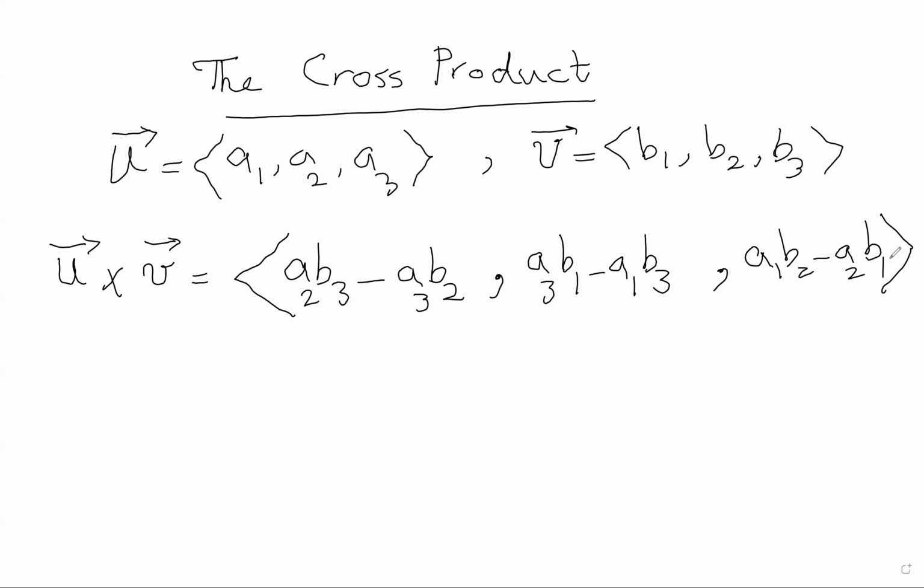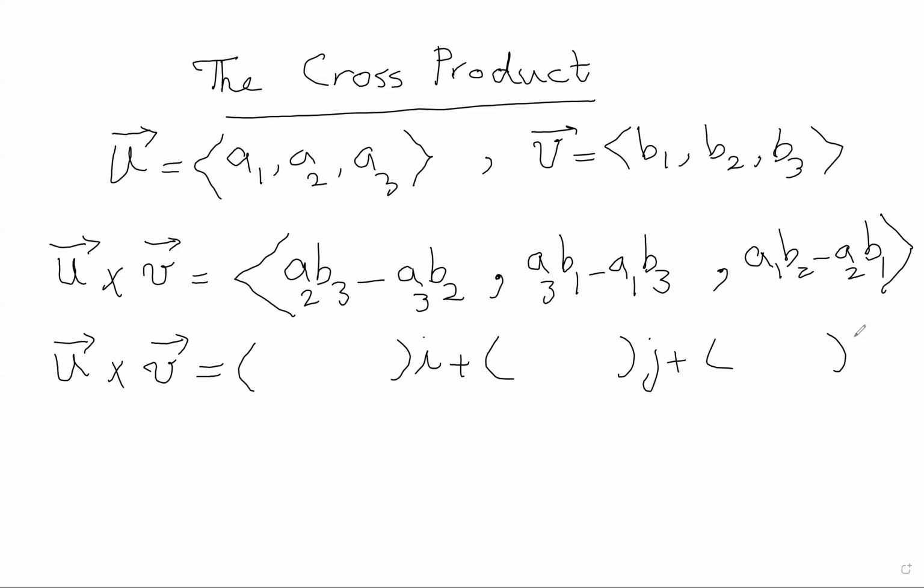Or in the other notation, if I write u as a1i plus a2j plus a3k and v as b1i plus b2j plus b3k, then u cross v is going to be the first coordinate i, second coordinate j, and the third coordinate k.